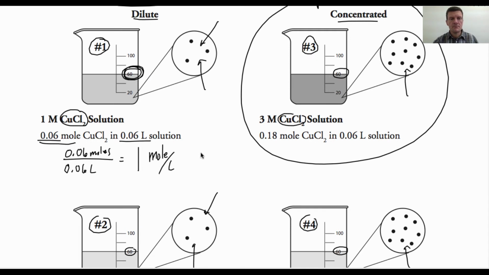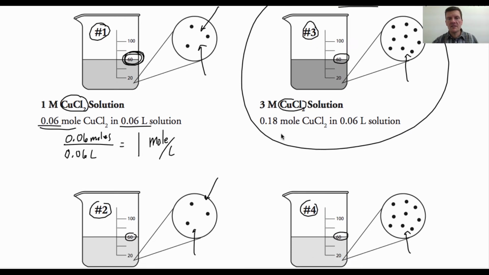Over here, we've got 18/100ths of a mole in 6/100ths of a liter, or 60 milliliters. If we divide these, you're going to have 3 moles if you had an entire liter. If you were to have the same concentration but a liter of it, you'd have 3 moles at this same concentration.